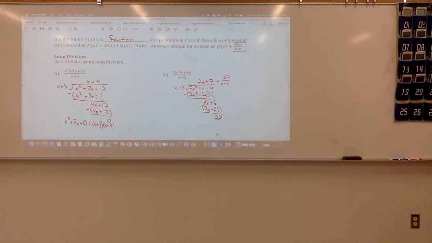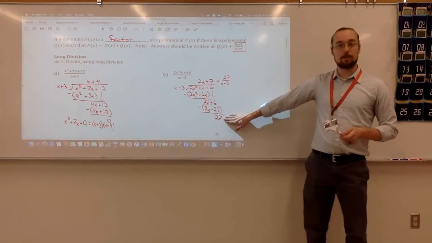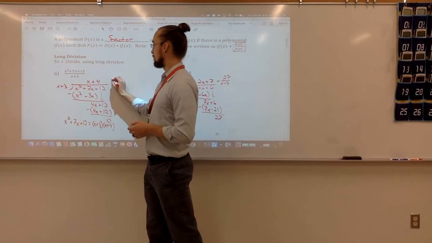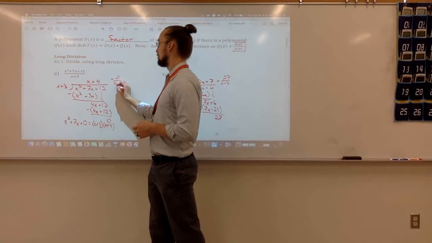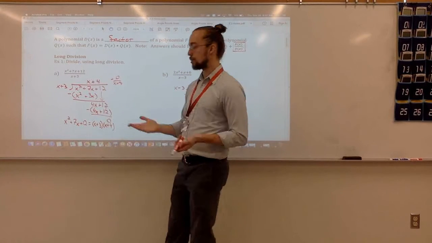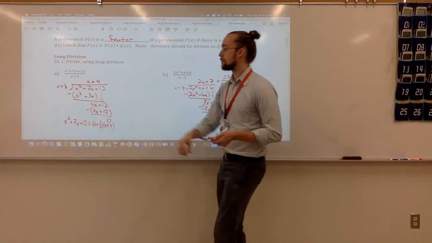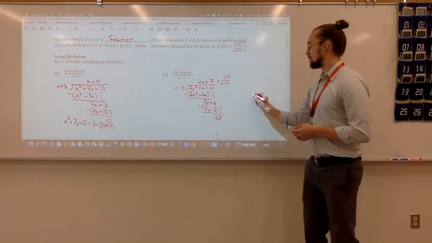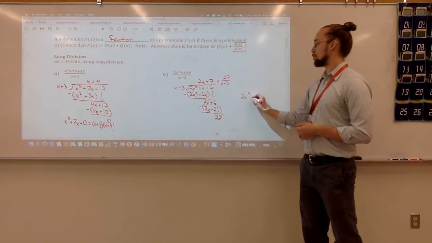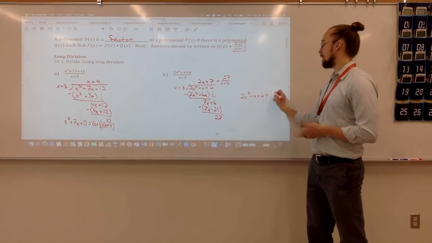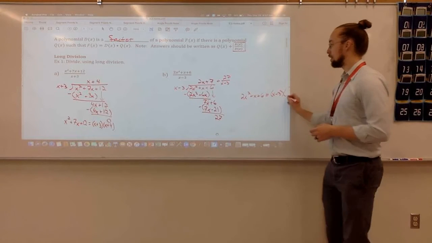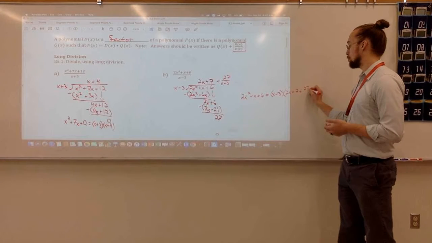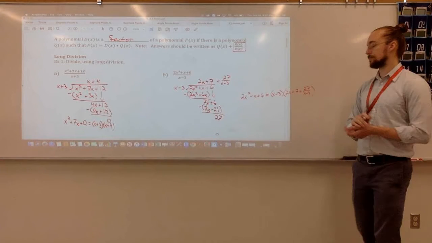Okay? That's the way that we're going to write a remainder if we get a remainder. Technically, we could have done that up here, right? We could have said plus 0 over x plus 3. But 0 over x plus 3 is just 0, right? So what we actually determined here is that I can rewrite 2x squared plus x plus 6 as x minus 3 times 2x plus 7 plus 27 over x minus 3.